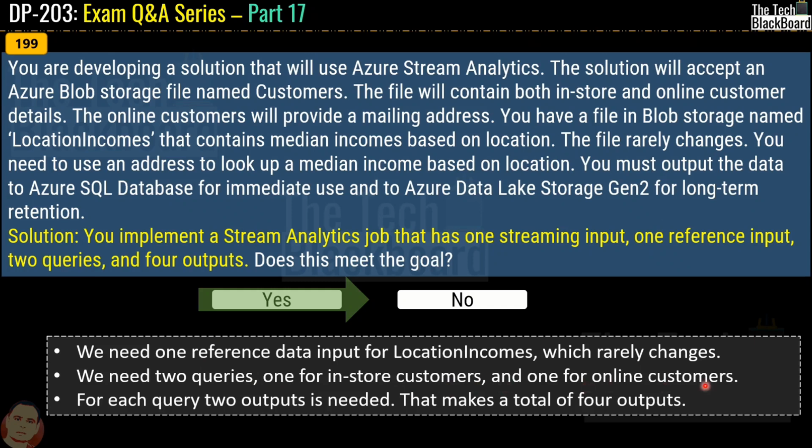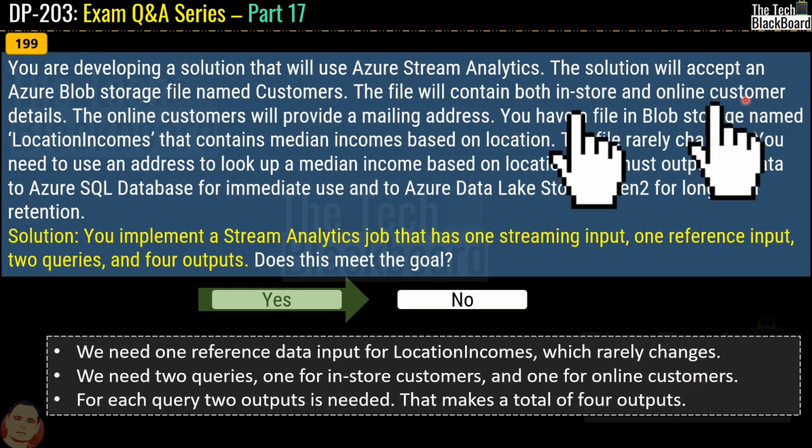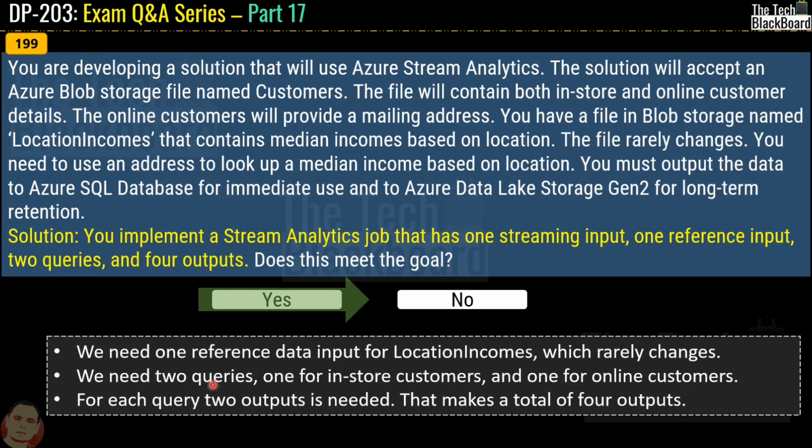So how did I reach this conclusion? Because the question says that the file contains both in-store and online customers. That's why you would need two queries, one for the in-store customers and the other one for the online customers. Then the last reasoning says that for each query, two outputs are needed. That makes a total of 4 outputs.